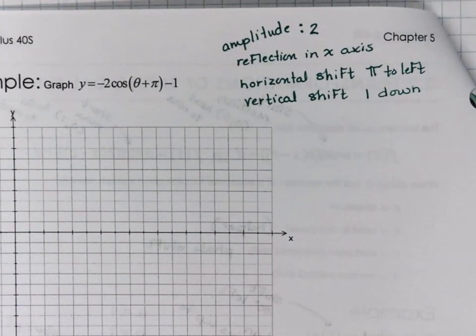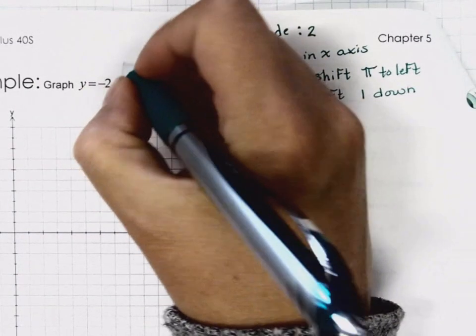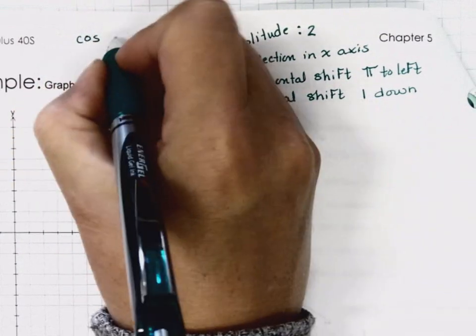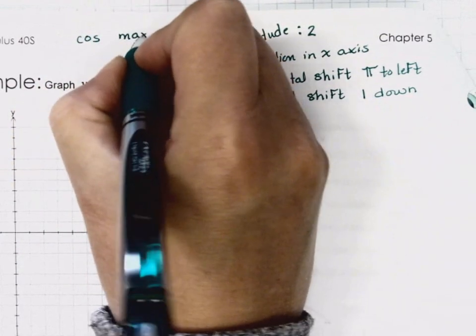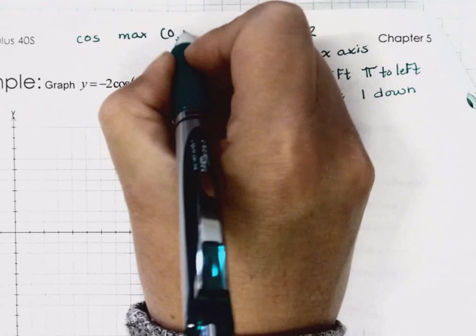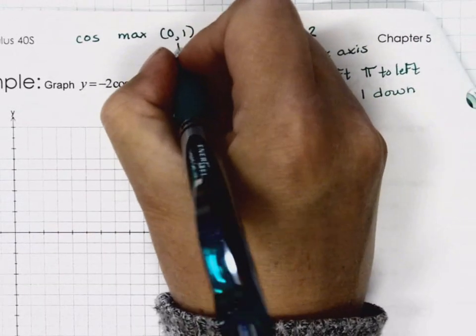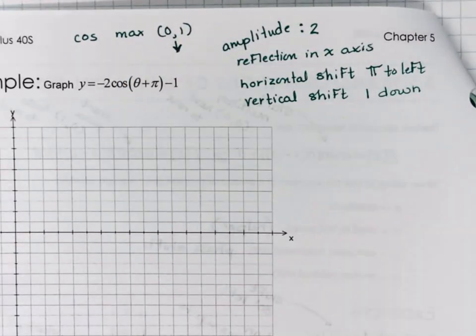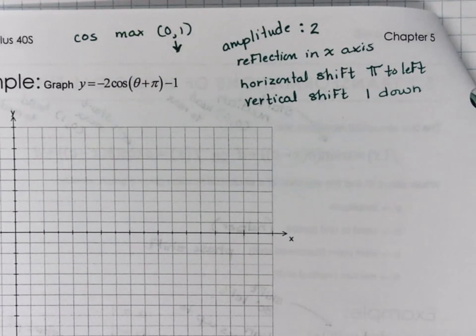Okay. So where do cosine graphs normally start? Maximum. So cosine graphs usually start at a max, which is at 0 and 1. That point is going to be transformed. If we are reflecting, if it was at a max, what point are we starting at now?